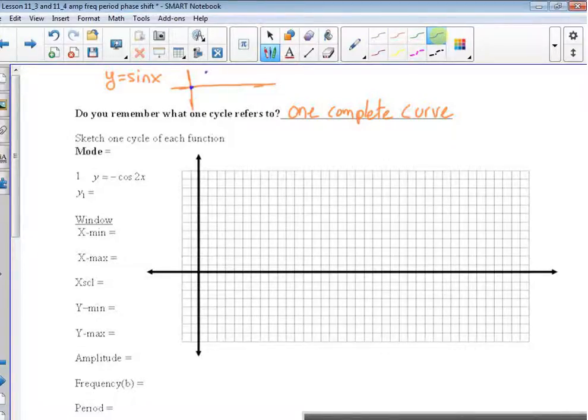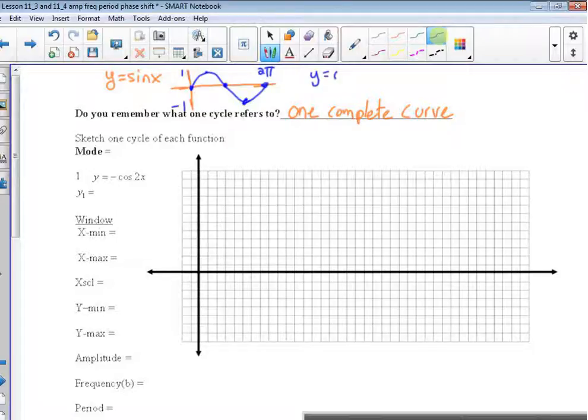We go up, we come back, we go down the same amount, and we come back. It's always going to be symmetrical like that. So the distance from here to here is the same as the distance. So if this is 2 pi, then 0 to pi is the same distance. And the distance up is always the same, and the distance down is always the same. So there are these 5 key points.